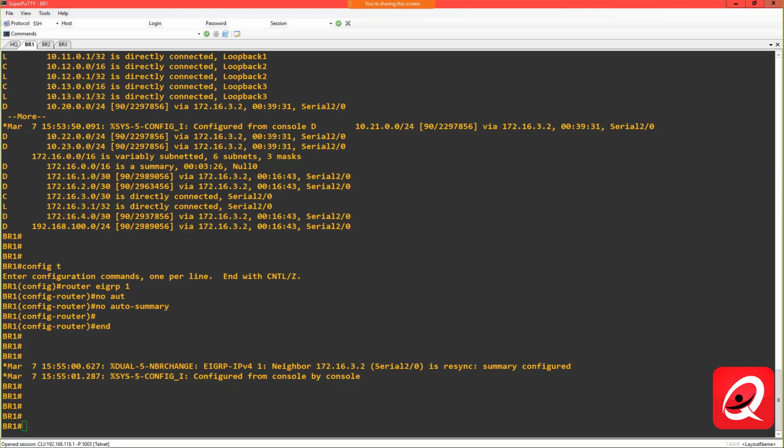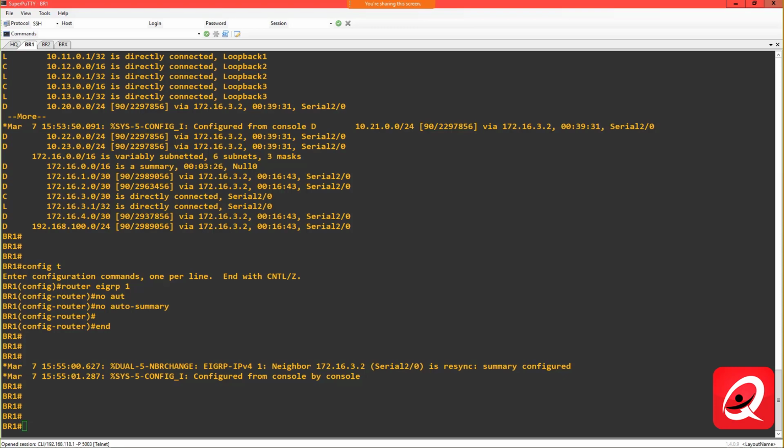EIGRP is really a better design choice in a lot of cases for that reason, because it gives you so much flexibility. The topology is actually arbitrary, and so it gives you just a lot more flexibility in how you can implement different features and functions. It's definitely a better choice for a DMVPN type of design where you have a lot of spokes and a hub in your DMVPN environment.